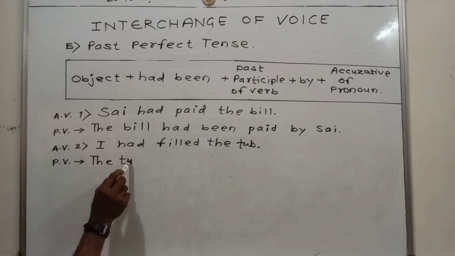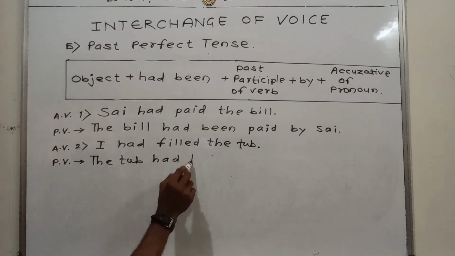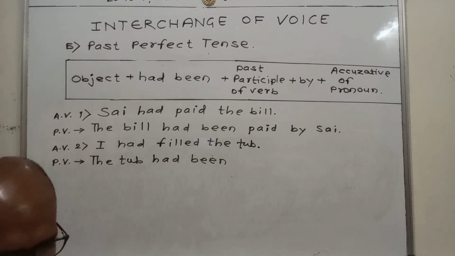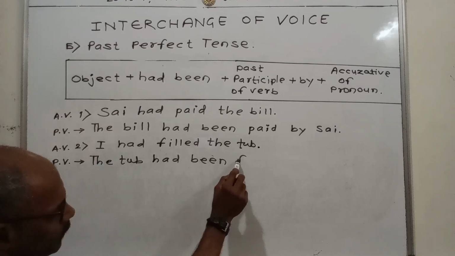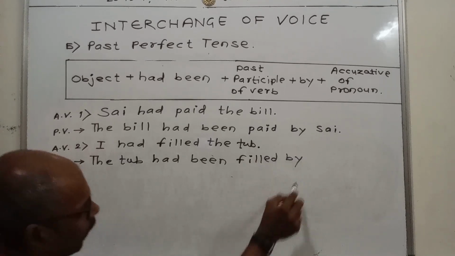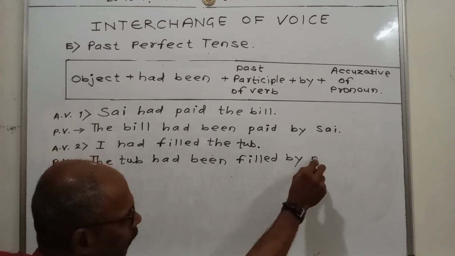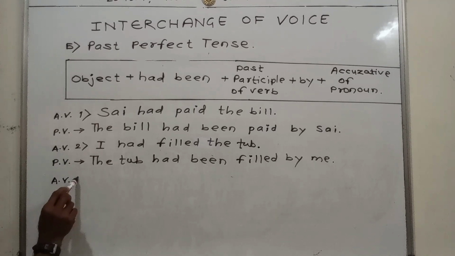The tub had been. Ah, very good. The tub had been. What is? Filled by. What is? Me. Accusative of I. That is me. Did you get it?